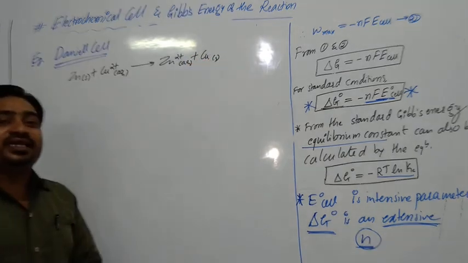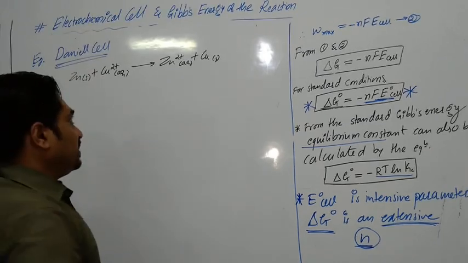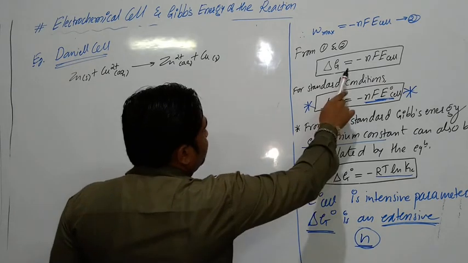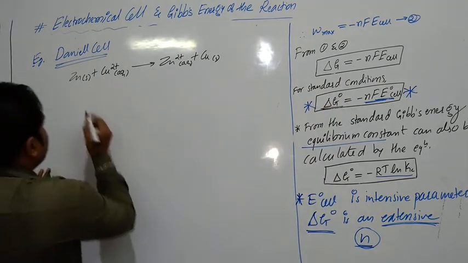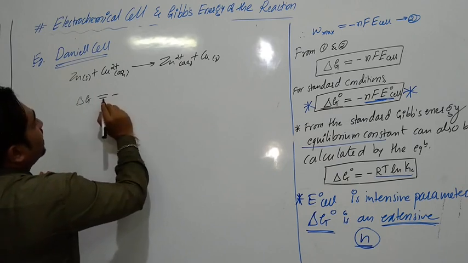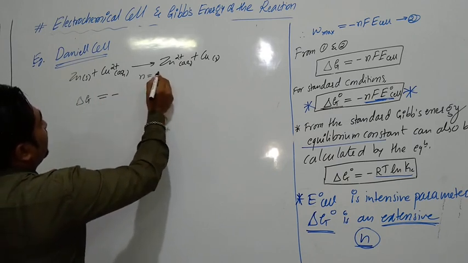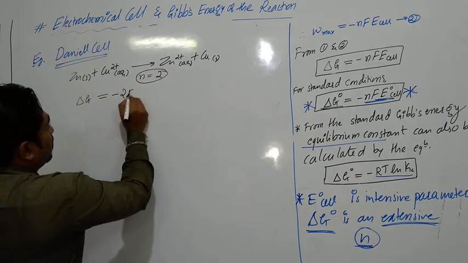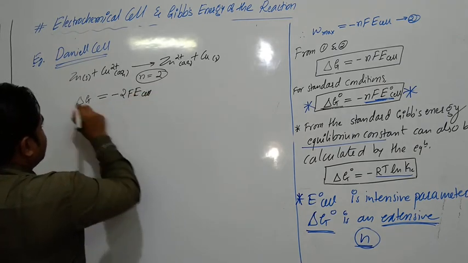So this is the chemical reaction taking place in the Daniel cell. Now let us write this value for this chemical reaction. So delta G is equal to minus nFE cell. For this reaction n is equal to 2. Delta G is equal to minus 2 F E cell.